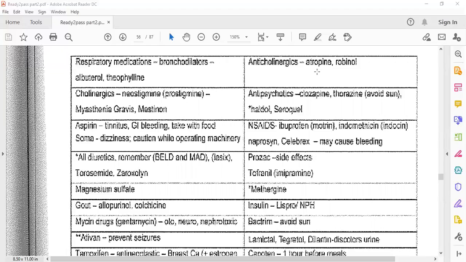Other common drugs are belladonna or benztropine or cyclopentolate, dicyclomine, right? So of all the anticholinergics, the most popular member is ipratropium bromide, or oxybutynin.